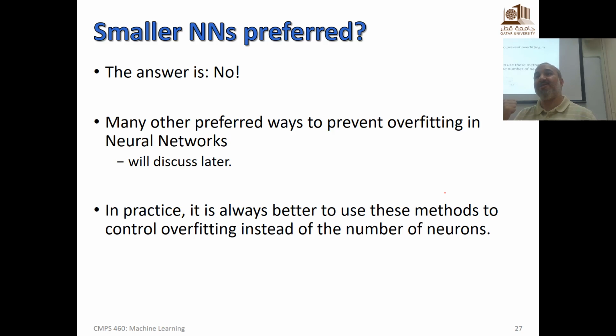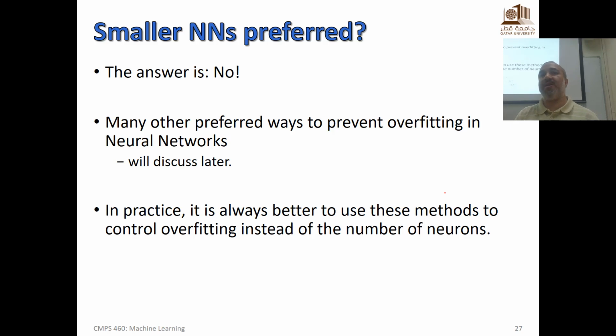And actually, we discussed one before. What did we do before to avoid overfitting? Any technique that we use to avoid overfitting? Regularization. Yes, regularization. So that's one way.